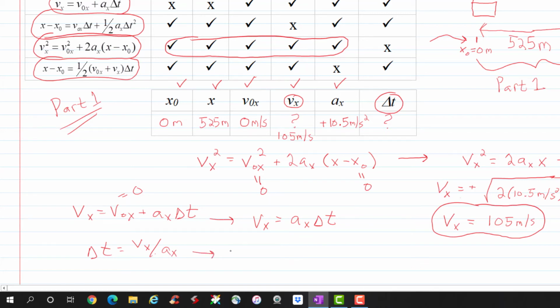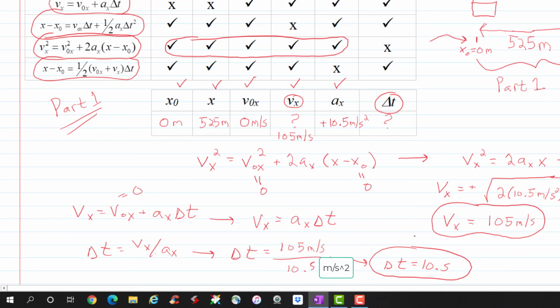Plugging in my values, 105 meters per second divided by 10.5 meters per second squared, I get my elapsed time is 10 seconds. So at the end of 525 meters of accelerating at 10.5 meters per second squared, the speedboat is now going 105 meters per second, and it took a total of 10 seconds.